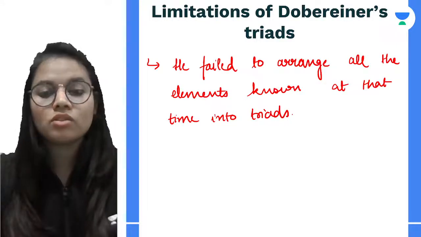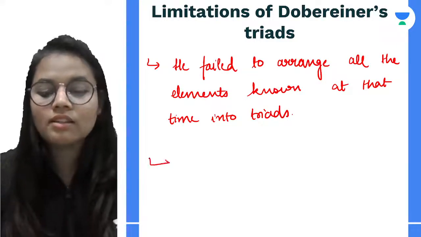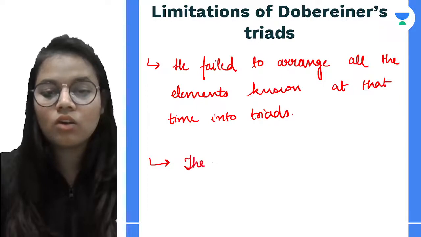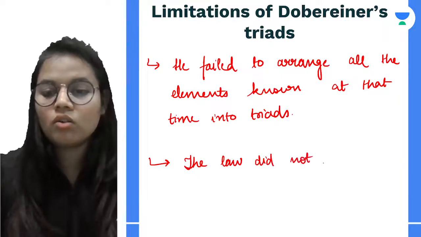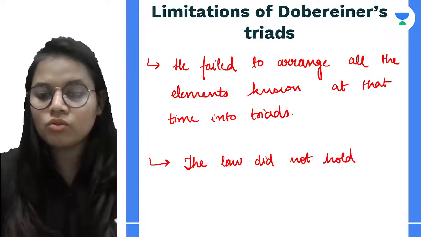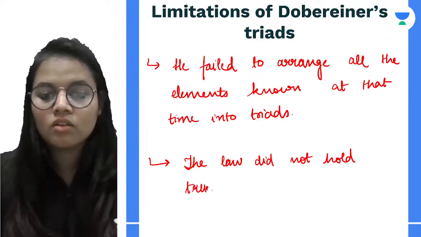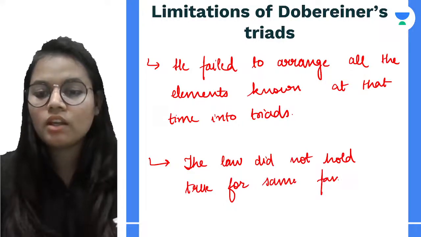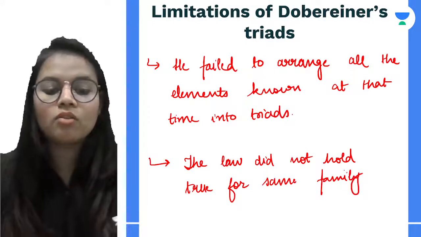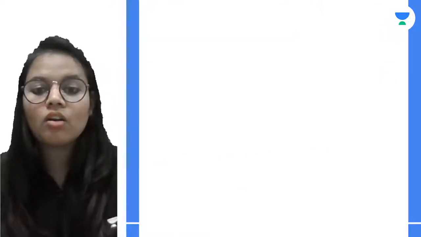That was the first reason, and the second reason was that the law did not hold true for the same family. Now see, if I talk about the same family, they all have similar properties, right?